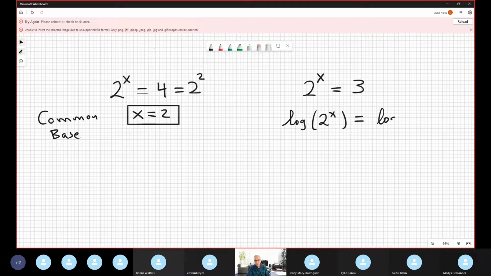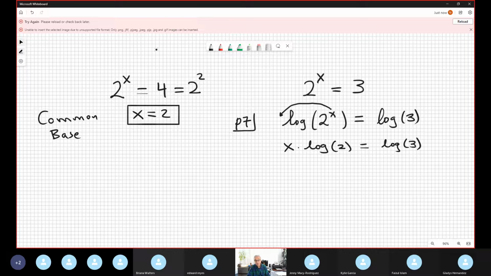You apply the logarithm to both sides. In this case, I select the common logarithm, base 10. And you apply at this moment property 7. Property 7 says that this exponent goes to the front as a factor. x times logarithm of 2 is equal to logarithm of 3.